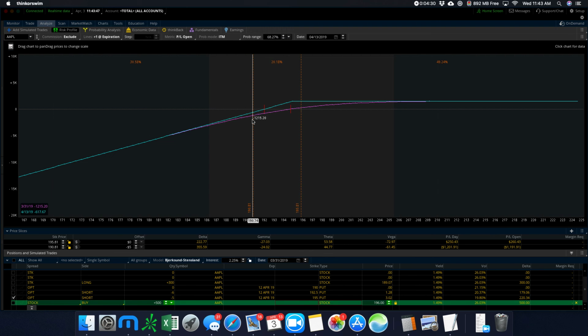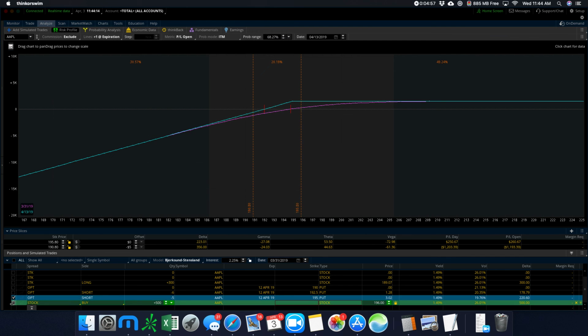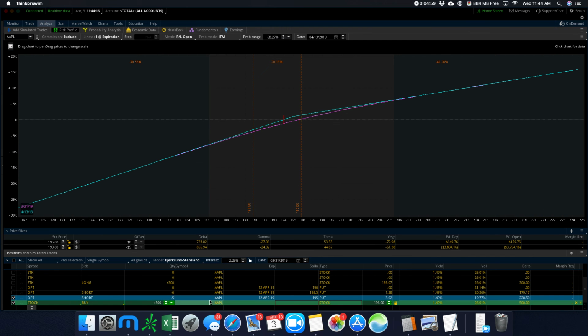Now, why is that? That's delta. Let's look at the bottom, at what the delta for 500 shares is. It's 500, because for every dollar that the price goes up, my value for the stock is going to go up by $1. So 500 shares, $500. However, let's look at this line here, the blue line.